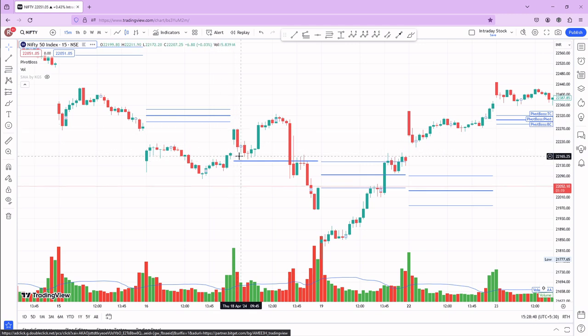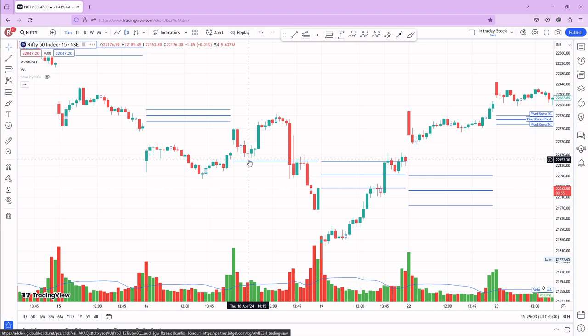Correct. If it is a lower value CPR, the bias is bearish. What does that mean? As the CPR range says it is a lower value CPR, the trend or the momentum or the particular day's movement can be expected as bearish. But two conditions are there.